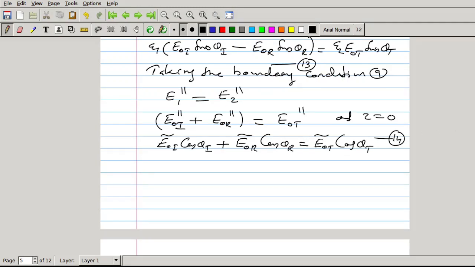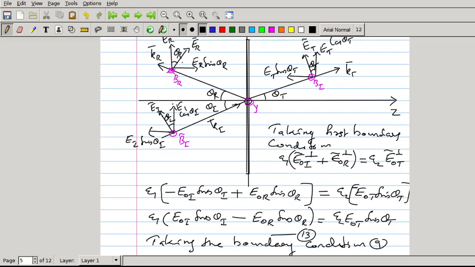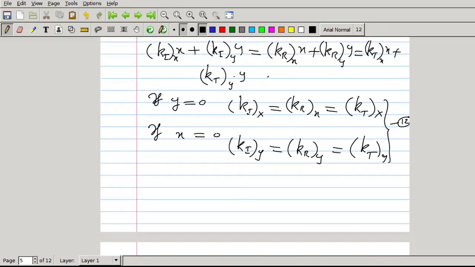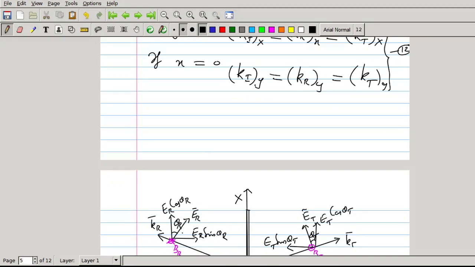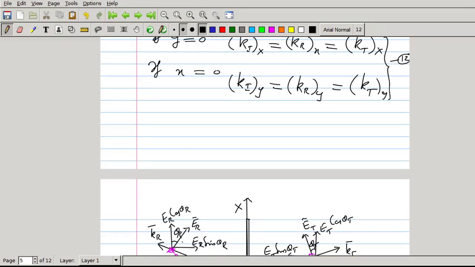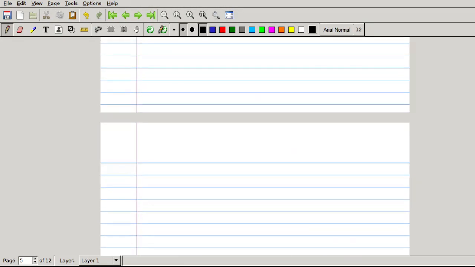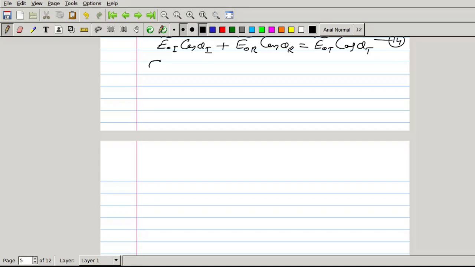Now consider equation 12. From equation 12, the ki y component is equal to the kr y component, which is equal to the kt y component. Let us take the second part of equation 12.